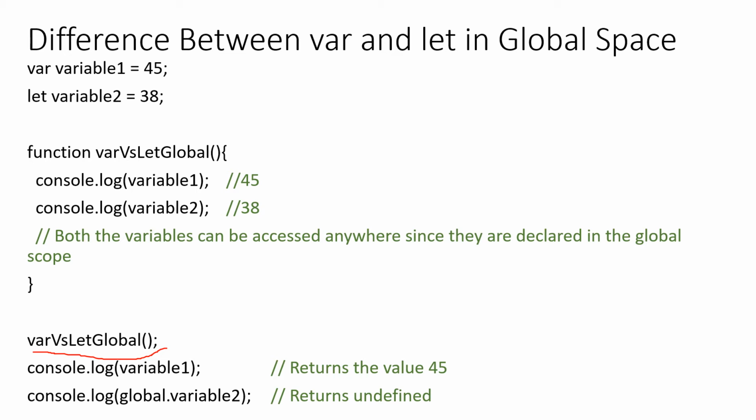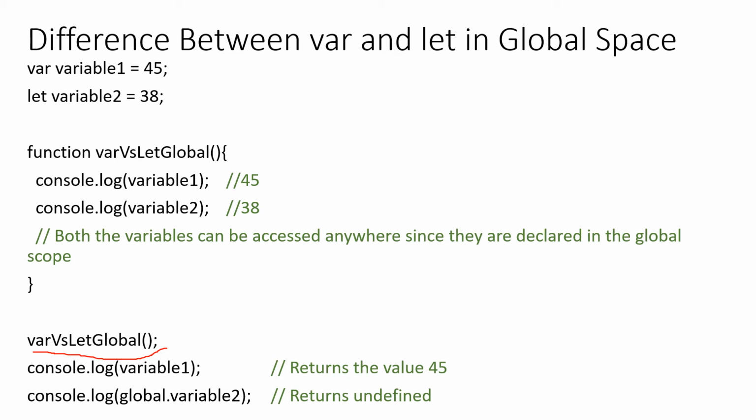One thing we can notice here is that both variables can be accessed anywhere since they are declared in a global space. Whichever value you declare in a global space, we can access it anywhere in our program, in a function scope or in a block scope.